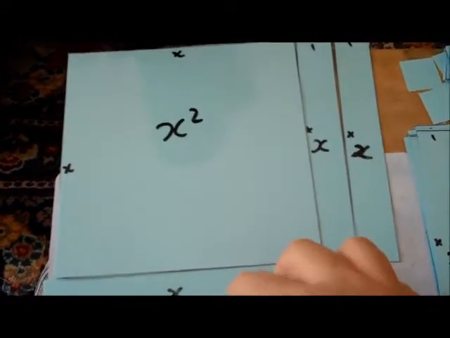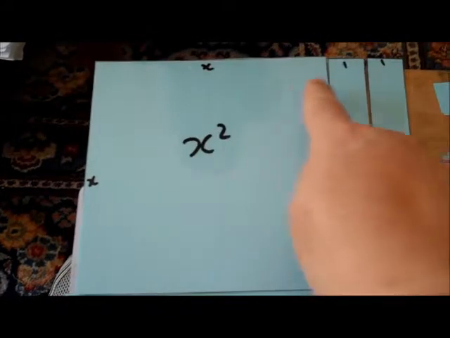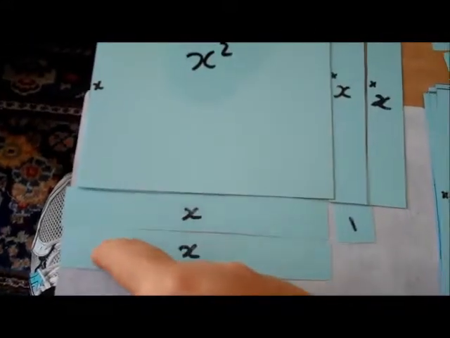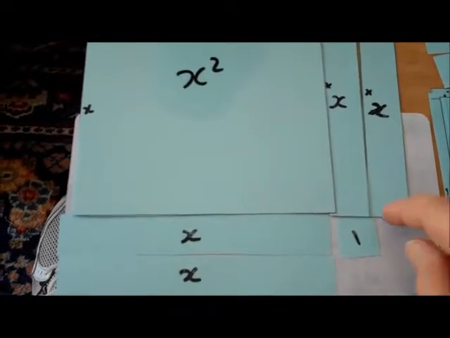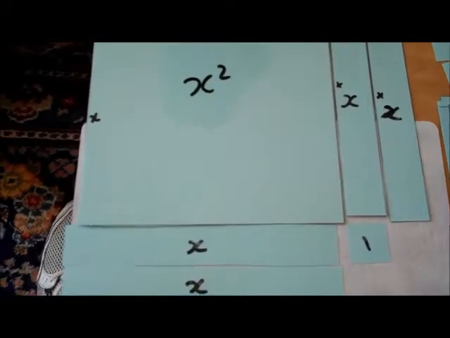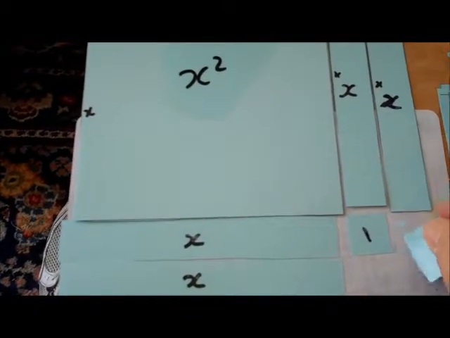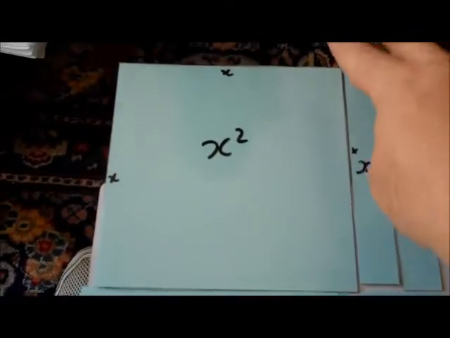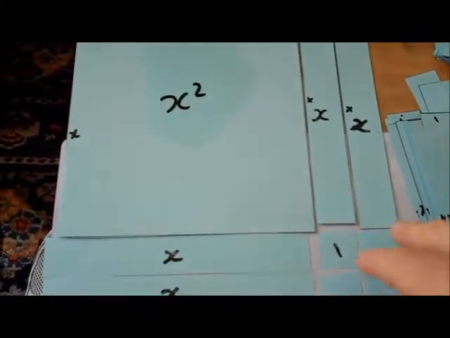So now this is x plus 2, and here I've got x plus 2. But now how many little squares do I need? Well, I need more than one. Let's have a look. 2, 3, 4. And that's because I've got 2 times 2.